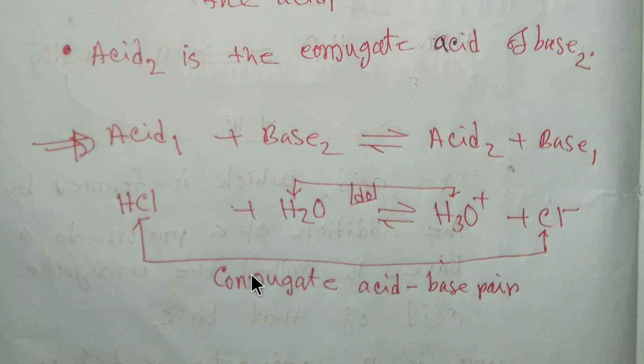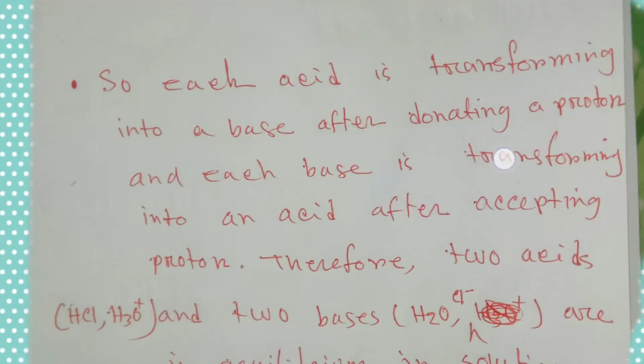HCl is releasing a proton and we are getting chloride ion, and water is taking a proton and we are getting hydronium ion. So this is acid 1, this is base 2, this is acid 2 and this is base 1. HCl and chloride is a conjugate acid-base pair, and this hydronium ion and water is also a conjugate acid-base pair.